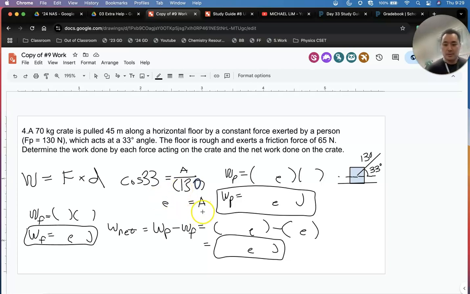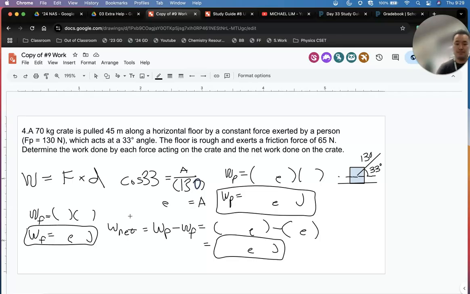So grab a calculator and put cosine 33 equals. What do you get? 8.39 e to the negative 1. But instead of rewriting that, because we run out of room, I want you to multiply all that by 130. Because that's how we're going to solve for A, which is the horizontal force being pulled on the box.